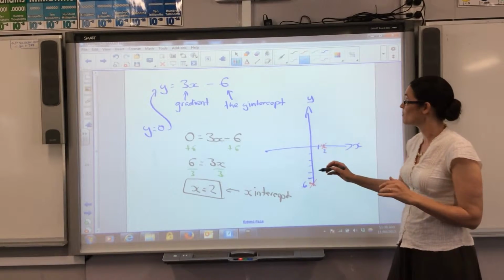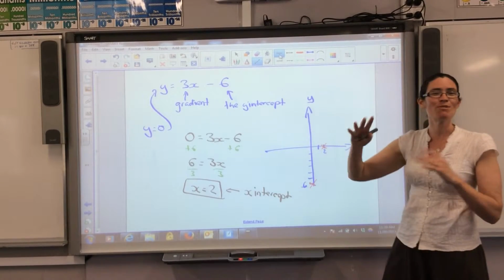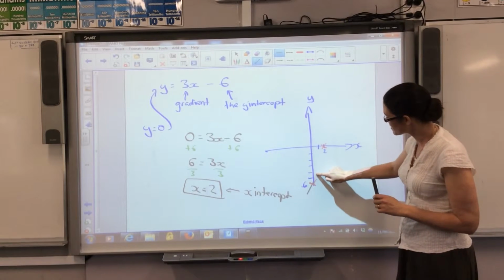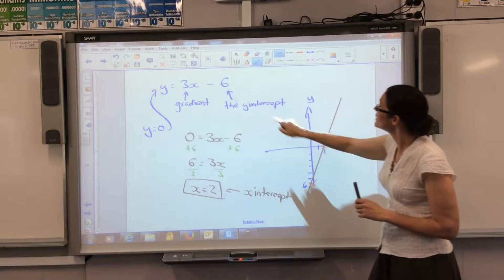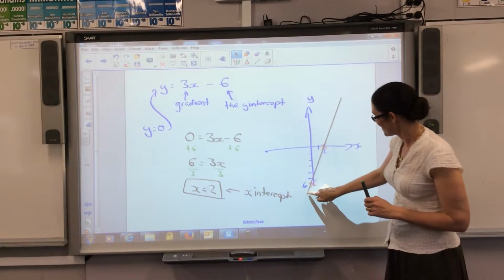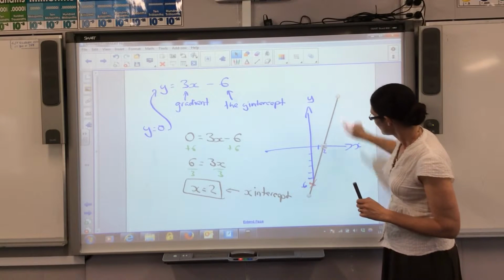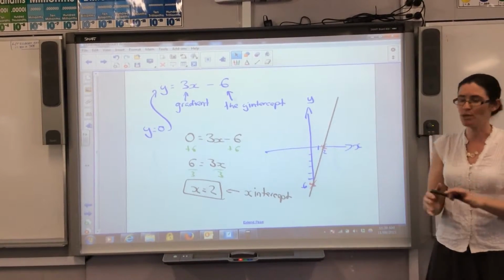I'm not going to grab a ruler, I'm going to cheat and just draw a line. I know if my line goes straight through these points, then I have... Alright, that's a bit dodgy, so we'll just straighten it up a bit. You would use a ruler and a pencil and make it beautiful.